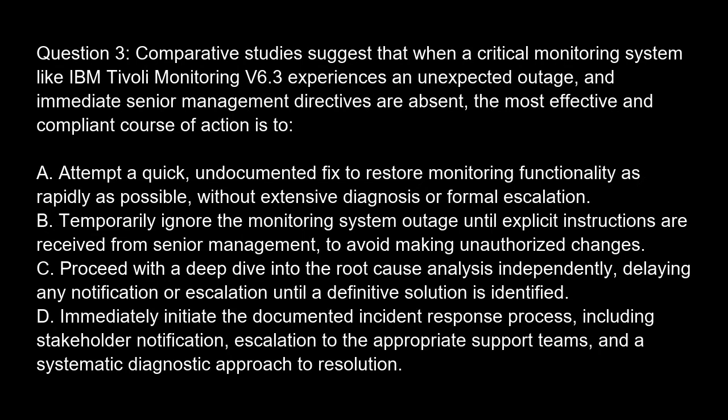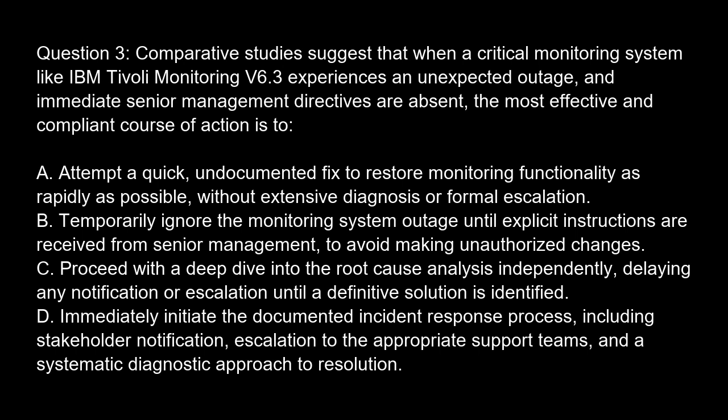Question 3. Comparative studies suggest that when a critical monitoring system like IBM Tivoli Monitoring v6.3 experiences an unexpected outage, and immediate senior management directives are absent, the most effective and compliant course of action is to: Option A. Attempt a quick, undocumented fix to restore monitoring functionality as rapidly as possible without extensive diagnosis or formal escalation.